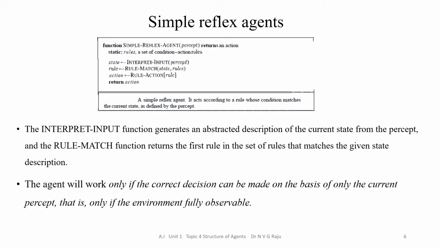The static rules are given in the form of condition and action. The interpret input function generates an abstract description of the current state from the percept, and the rule match function returns the first rule in the set of rules that matches the current state description. The agent will work only if the current decision can be made on the basis of only the current percept, that is, if the environment is fully observable.